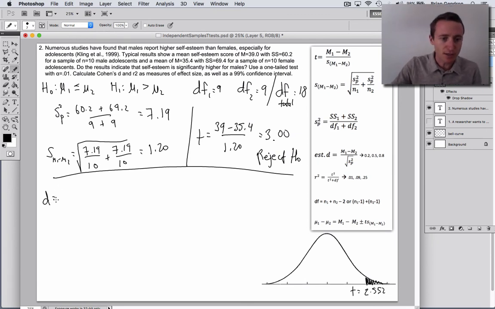So next, Cohen's d is as follows: 39 minus 35.4 divided by the square root of your pooled variance. And I'm getting 1.34.